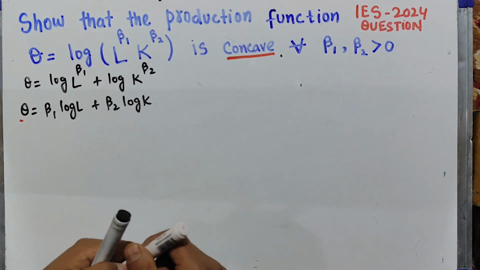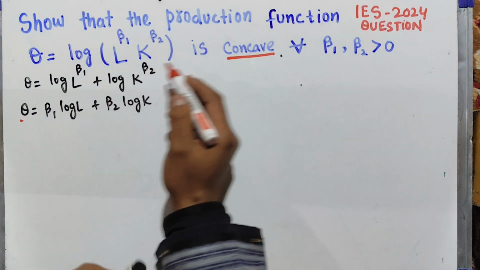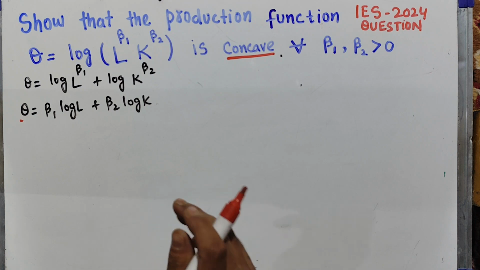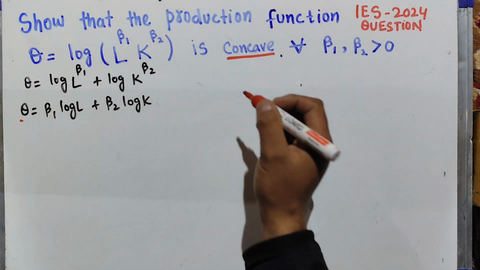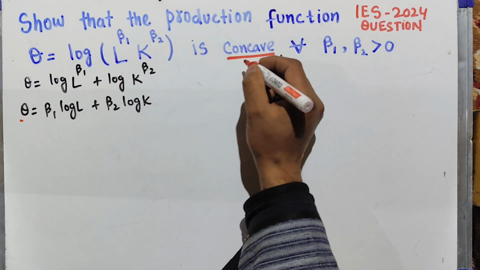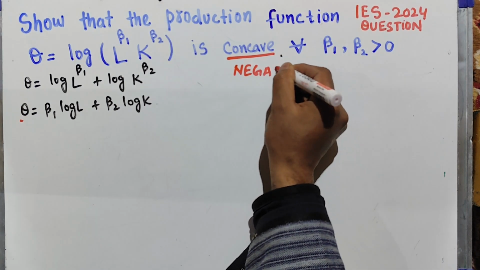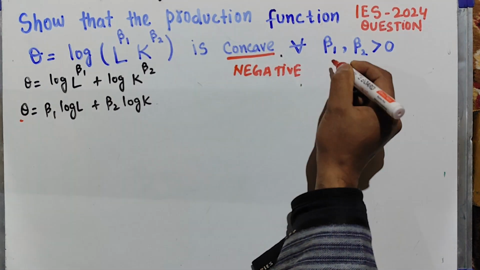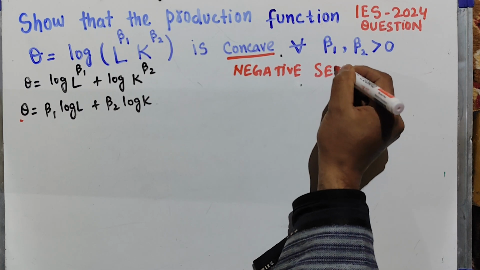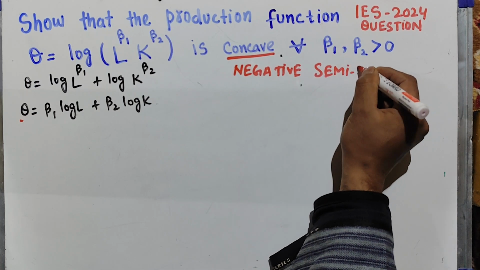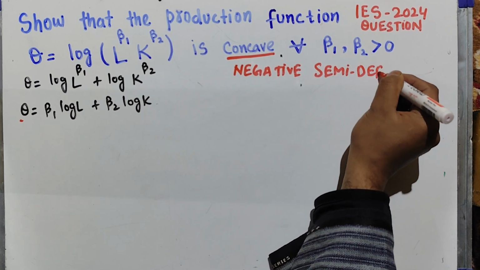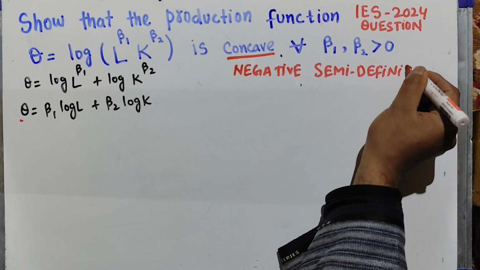Now what I need to prove here? I need to prove that the given production function is concave. To prove it is concave, I need to prove it is negative semi-definite. Okay, remember this.